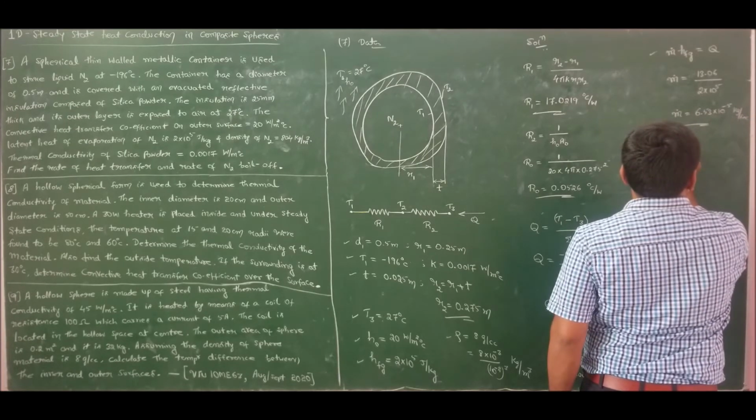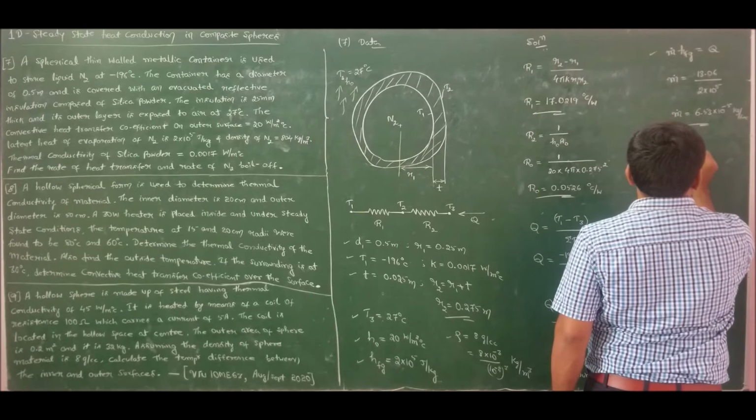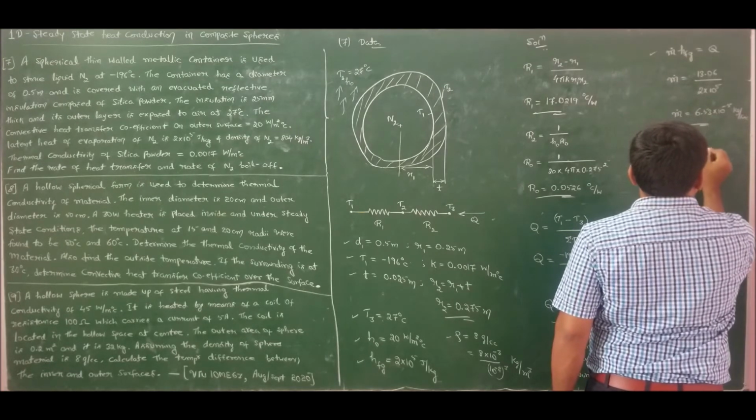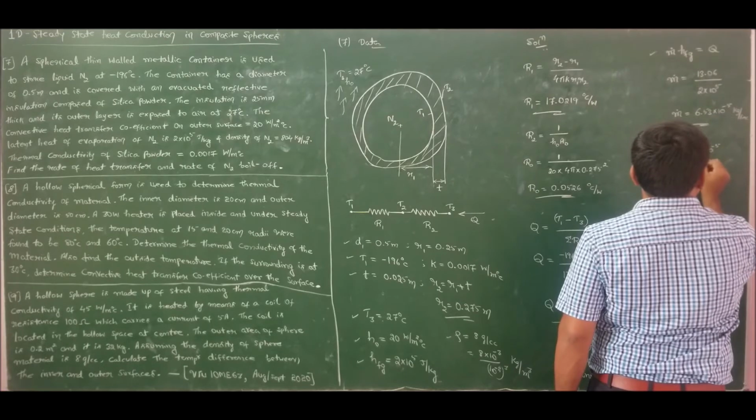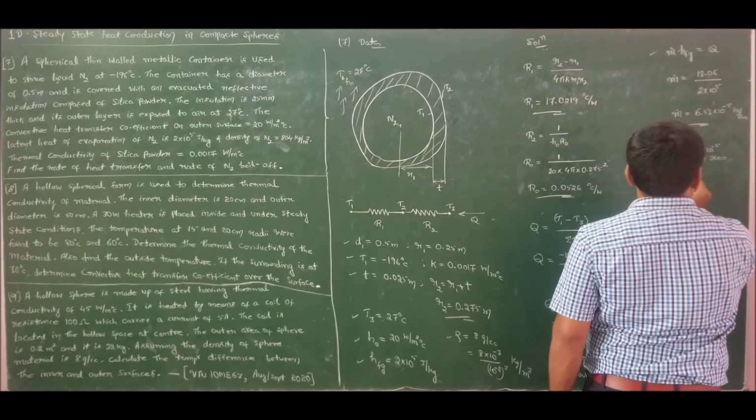So in terms of kg per hour, I can write it as m dot is equal to 6.53 into 10 to the power of minus 5 multiplied by 3600.